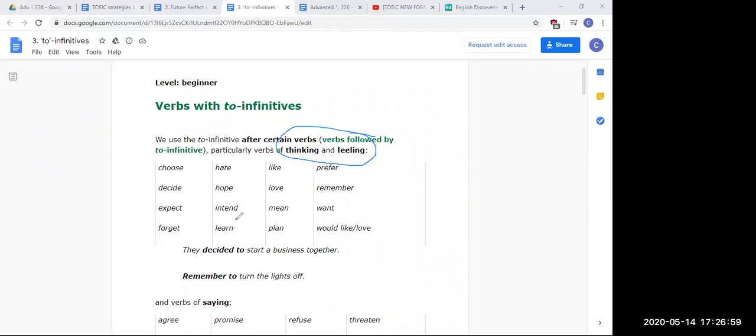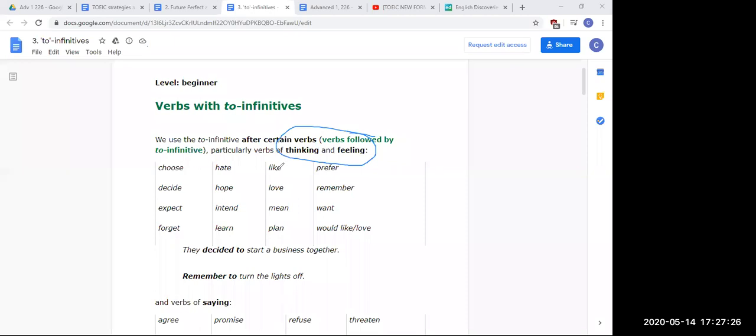So "I intend to study for 2 more years." Learn, so "he learned to play the guitar." Like is another one where we can use both the infinitive and the gerund. So "I like to cook food," or "I like cooking food."